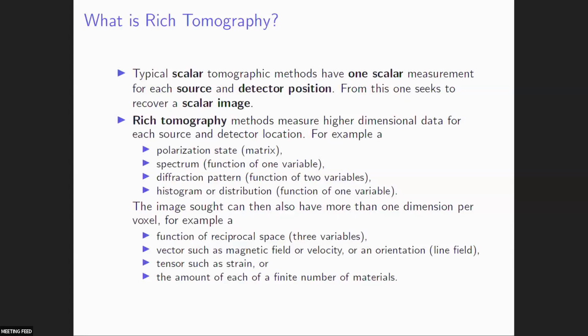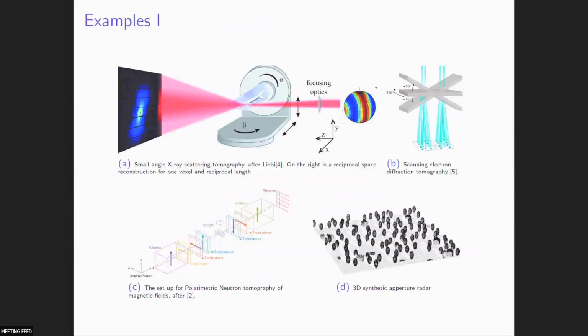So, for example, a function in reciprocal space of 3 variables in each voxel, or a vector such as a magnetic field or an orientation, a tensor such as a strain tensor, or, and Laura touched on this, the amount of each of a list of materials in each voxel. So these are a fairly wide range of things that we could measure and things that we might want, and that's what we mean by rich tomography.